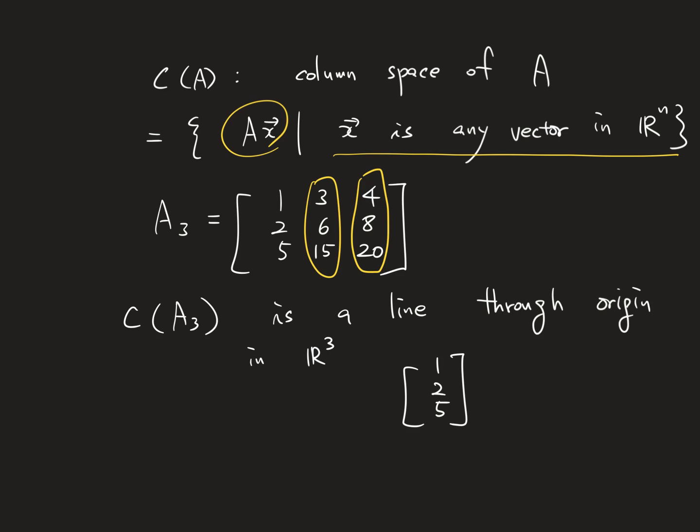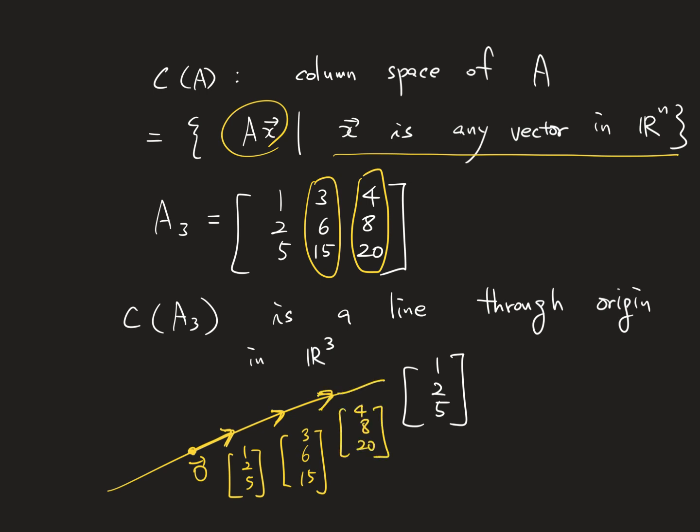It should include the origin, the 0 vector, then the first vector 1, 2, 5, and another vector 3, 6, 15, and another vector 4, 8, 20. And this line is the column space of A3, because the column space is all the linear combinations of columns.